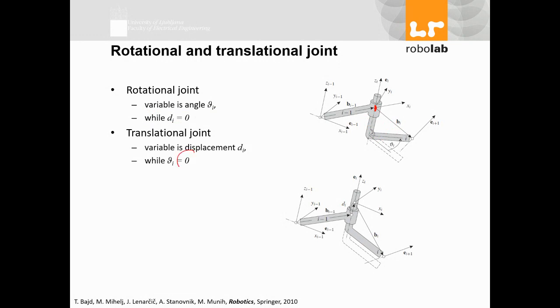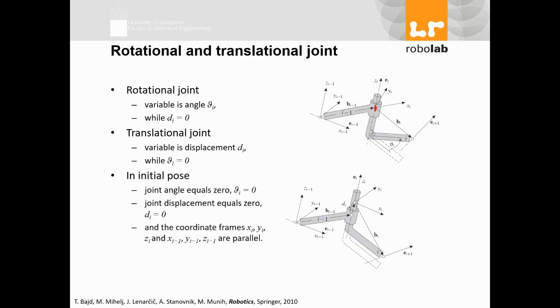So here, theta is 0, and we have d. Okay. And when we are in the initial pose, the joint angle equals 0, and the joint displacement equals 0. And the coordination frames xi, yi, zi and xi minus 1, yi minus 1, zi minus 1 are parallel with each other. Okay.